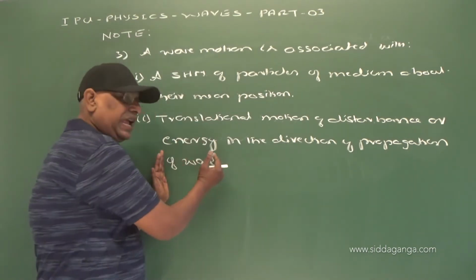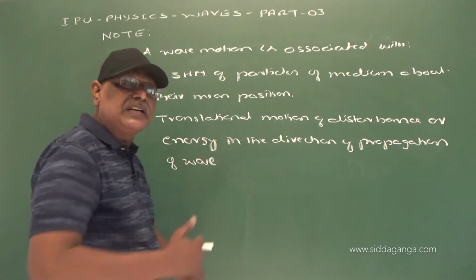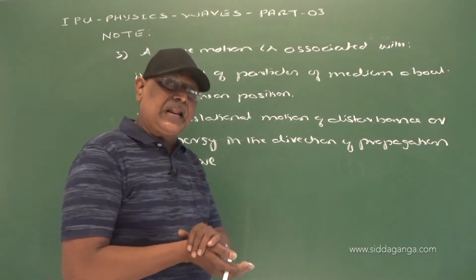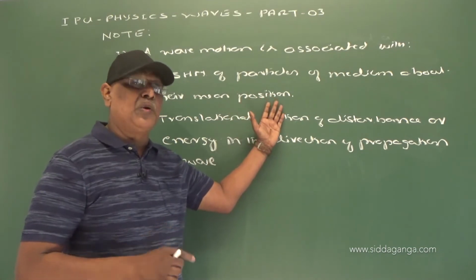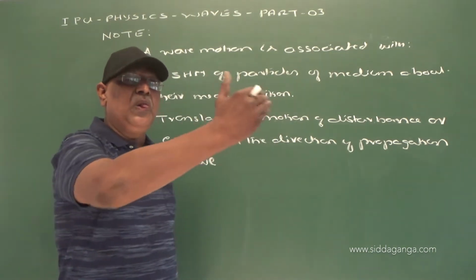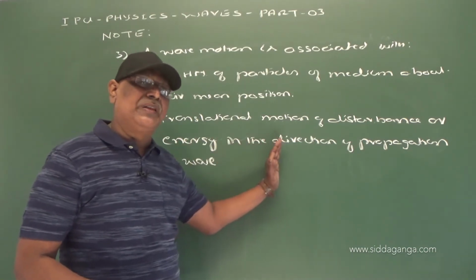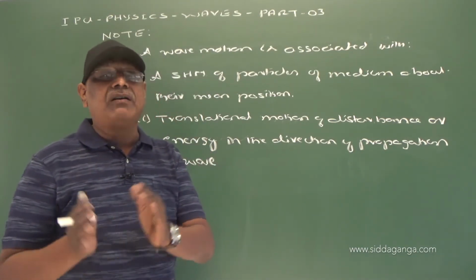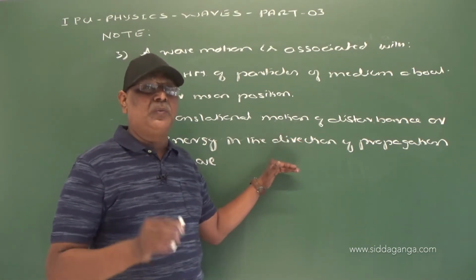But here again the disturbance or wave motion has a velocity, and that is called as a wave velocity. Here we should not get confused. The velocity of particle means it is the velocity of simple harmonic motion about its mean position, and it varies from position to position. But the wave velocity is the velocity of the disturbance or energy, right? That is usually a constant or uniform velocity in a homogeneous medium, and these things have to be kept in mind.